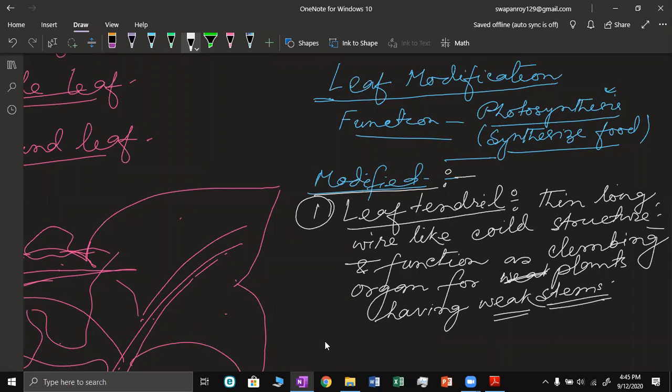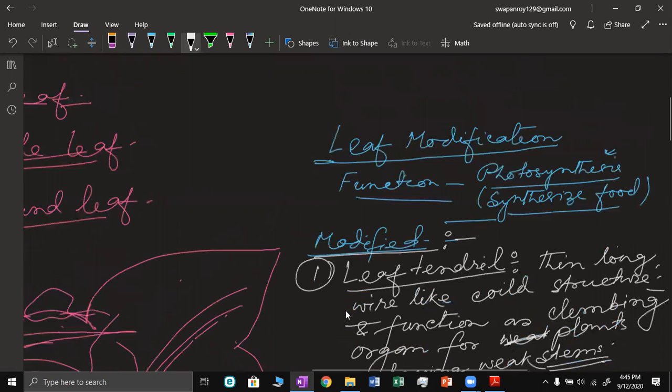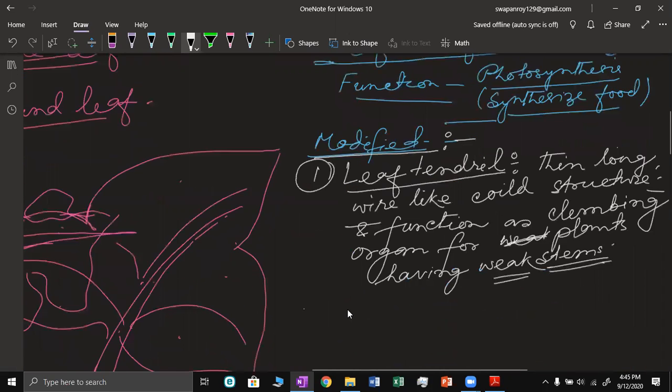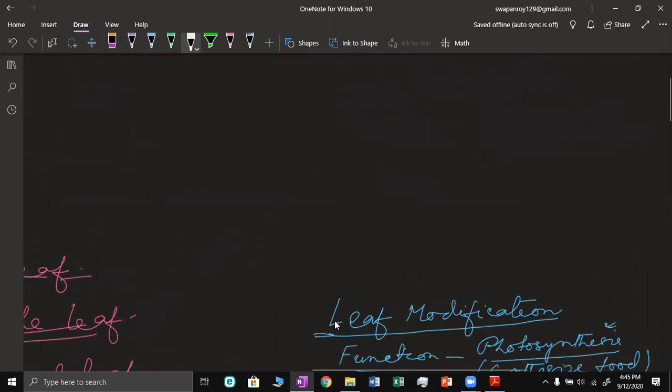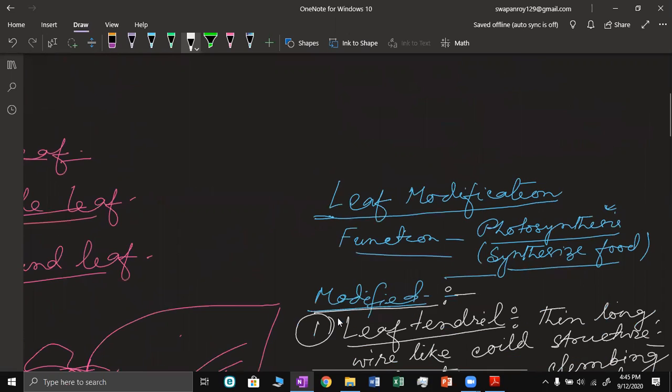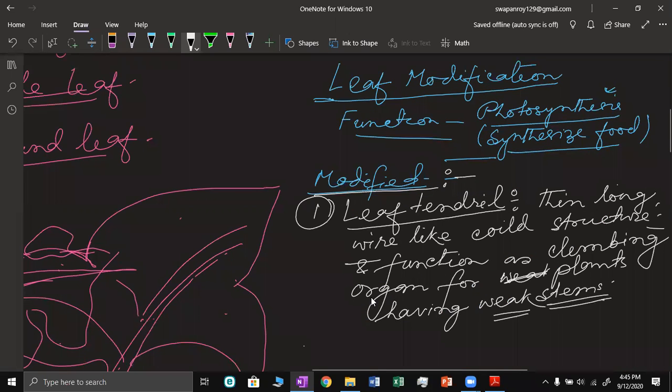Like in pumpkin, cucumber, grapevines, they have very long plants, but their stem is very weak, so they have to climb for getting sunlight. That's why they have to climb on other trees or some other support.